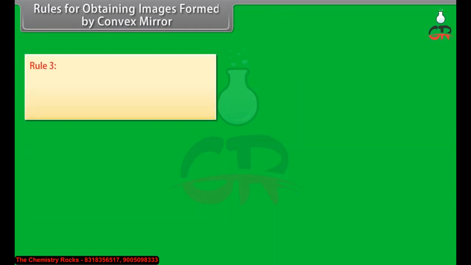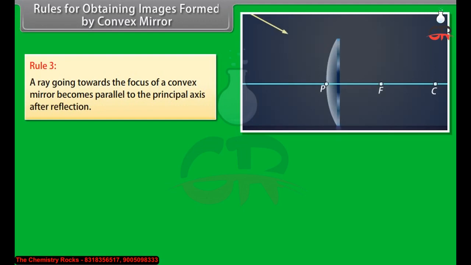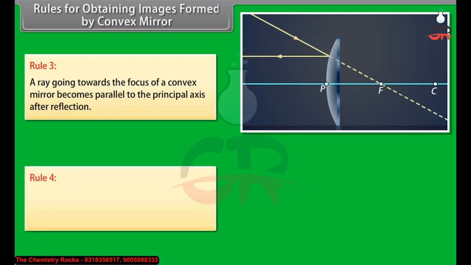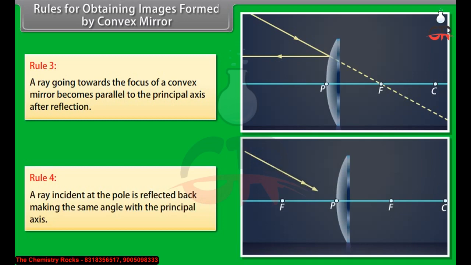Rule 3. A ray going towards the focus of a convex mirror becomes parallel to the principal axis after reflection. Rule 4. A ray incident at the pole is reflected back making the same angle with the principal axis.